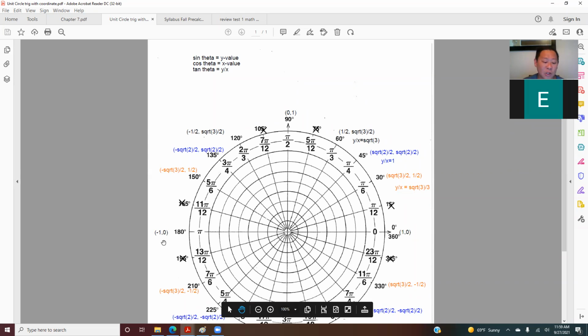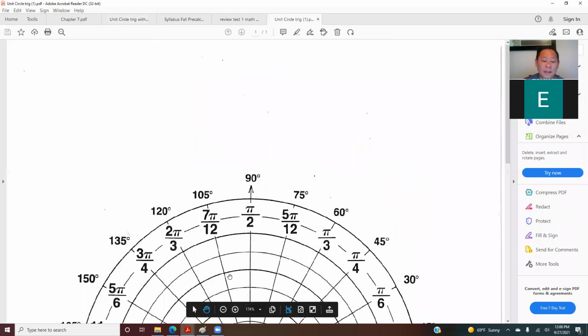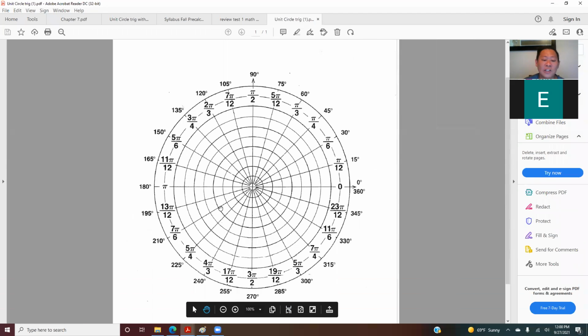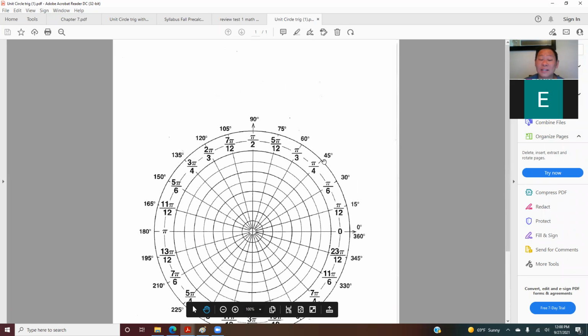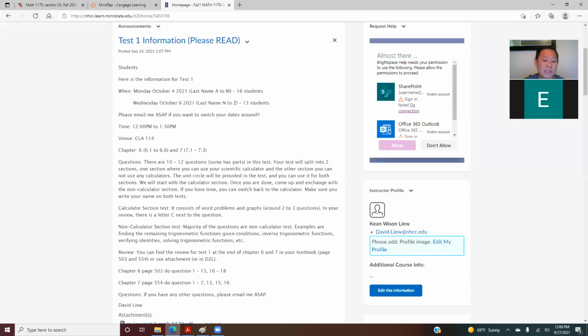It will be a blank unit circle. This is the one you will get in my test, just a blank one. You can use it in both of your sections, both the calculator and non-calculator sections.